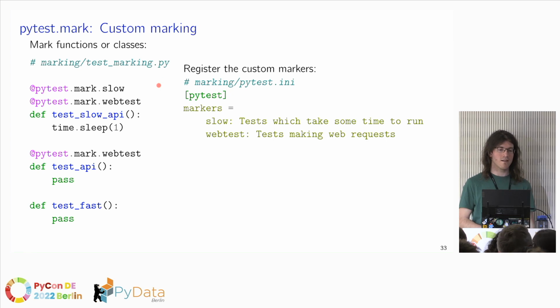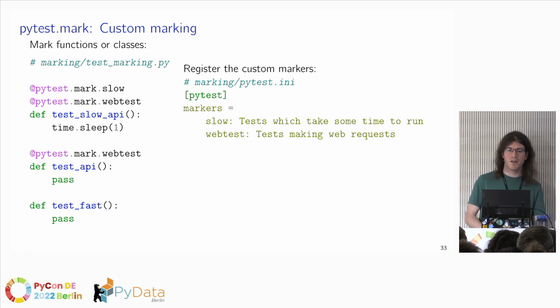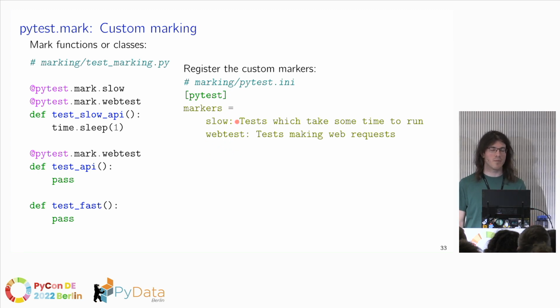Otherwise, if I accidentally had a typo with slow, then the test would get a different marker. And if I want to run slow tests, this test would never run and I would never discover it. So that's why there is this registration mechanism where we have to have a list of all available markers in the pytest.ini. Otherwise, you would get a warning by pytest telling you this mark isn't registered, maybe it's a typo.